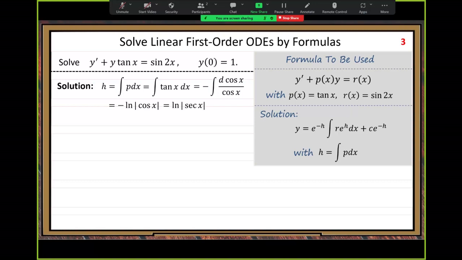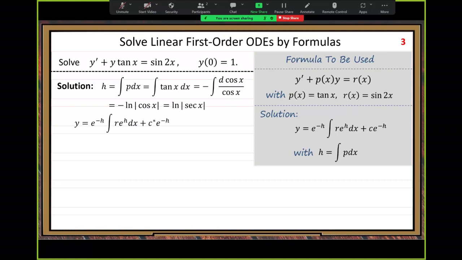The reason is that in the next few steps, sometimes the first version is better, sometimes the second version is better. When the first version is more friendly, we use the first version. When the second version is more friendly, we use the second version. So we have two versions and the freedom to choose which one is more convenient to use in our following calculation. I will show you.